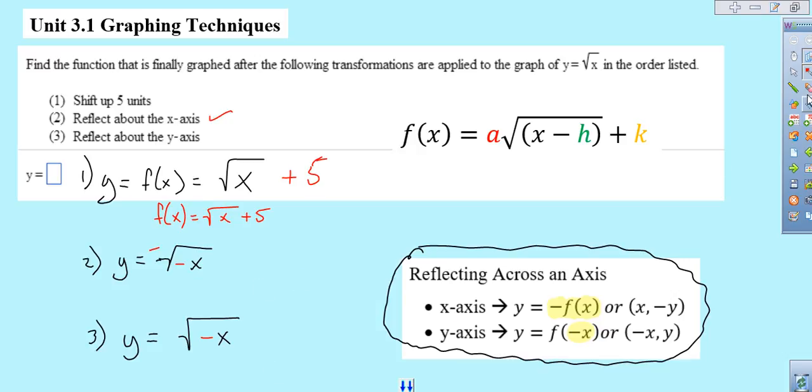So that means for the x-axis, it would be on the outside. So x-axis is on the outside, y-axis is on the inside. All right, so that's a quick little look at reflecting over the x-axis and y-axis.